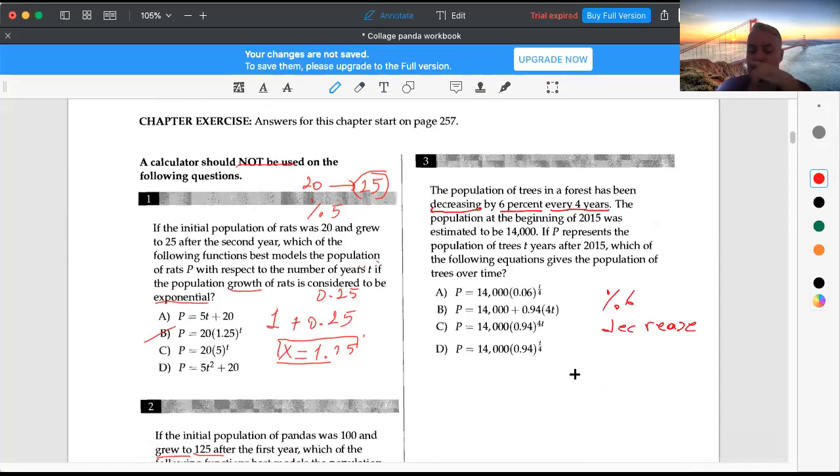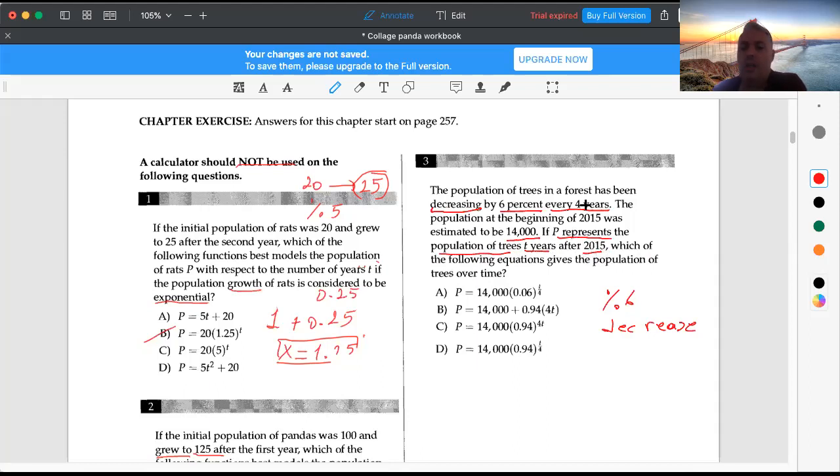Let me continue reading. The population at the beginning, 2015, was 14,000. If P represents the population of trees t years after 2015, which of the following equations gives the population of trees over time? So which one is correct?